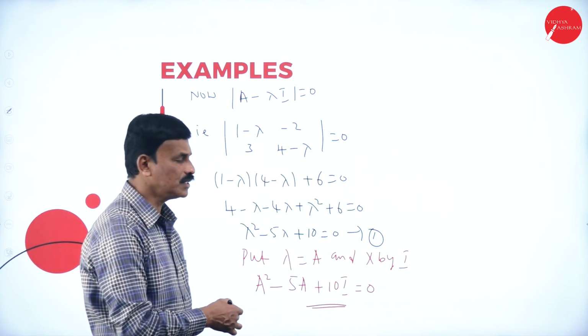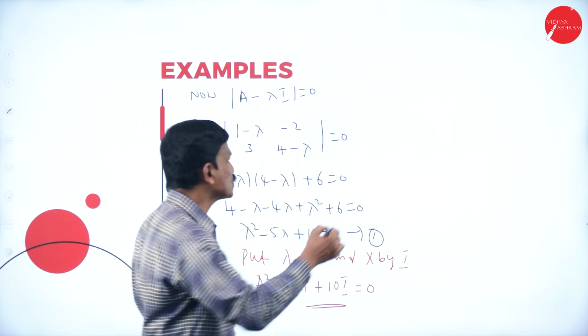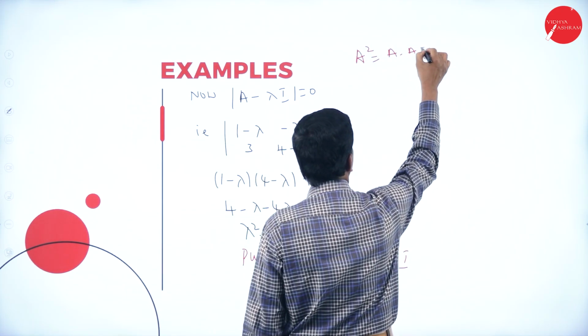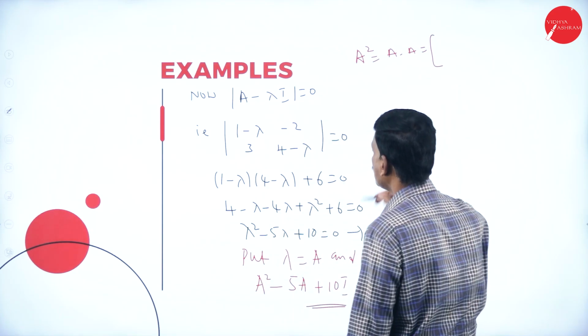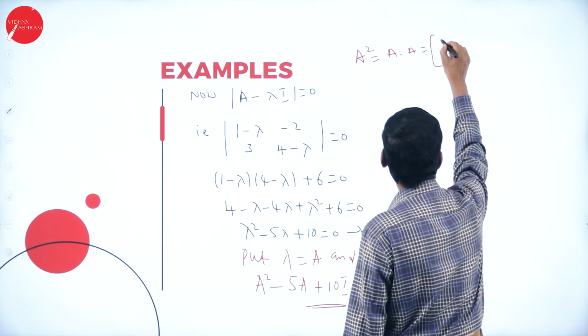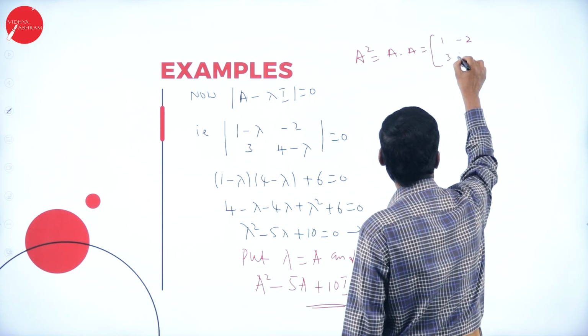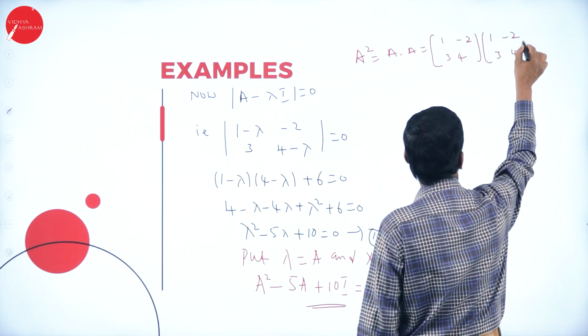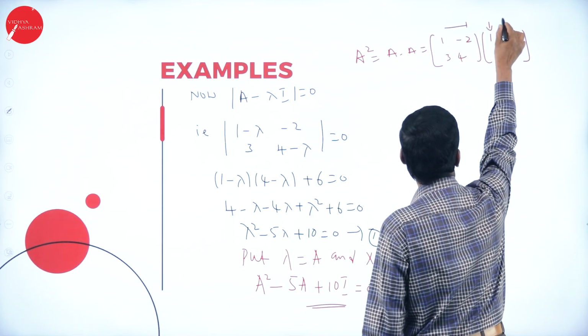Now to verify this, just find out the value of A square. What is A square? A square is equal to A into A. What is A? A is 1, minus 2, 3, 4. Again 1, minus 2, 3, 4. Simplify this.